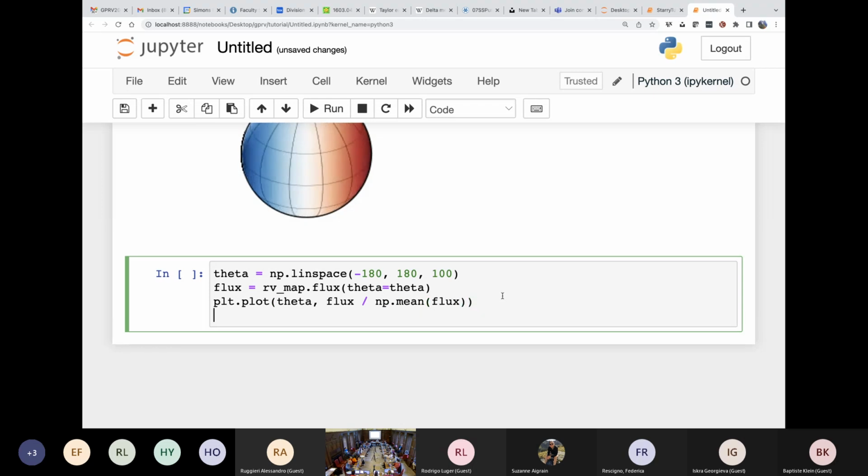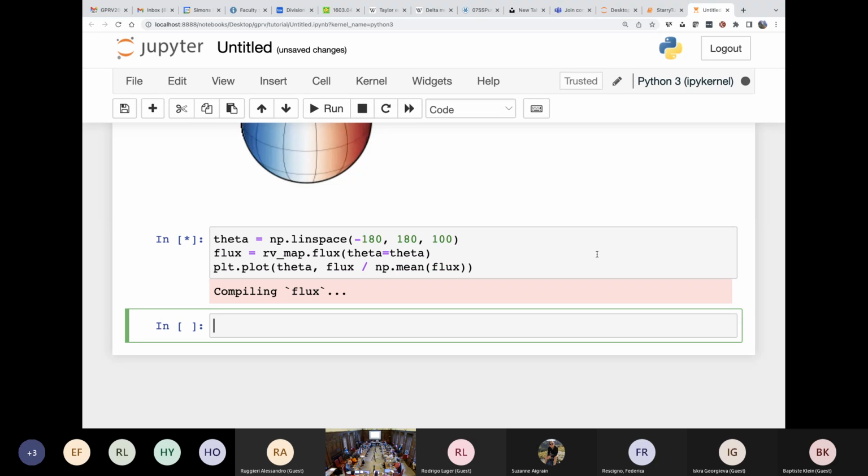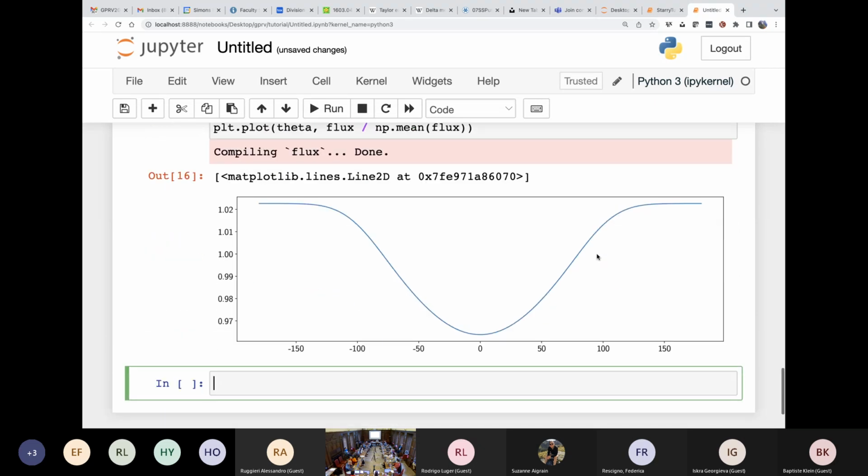Well, yeah, let's run it. Compiling the flux function. There you have it. Okay, so the spot comes into view, it's at the minimum, and it goes back out. So, single spot light curve. That's a big spot. It's a huge spot.